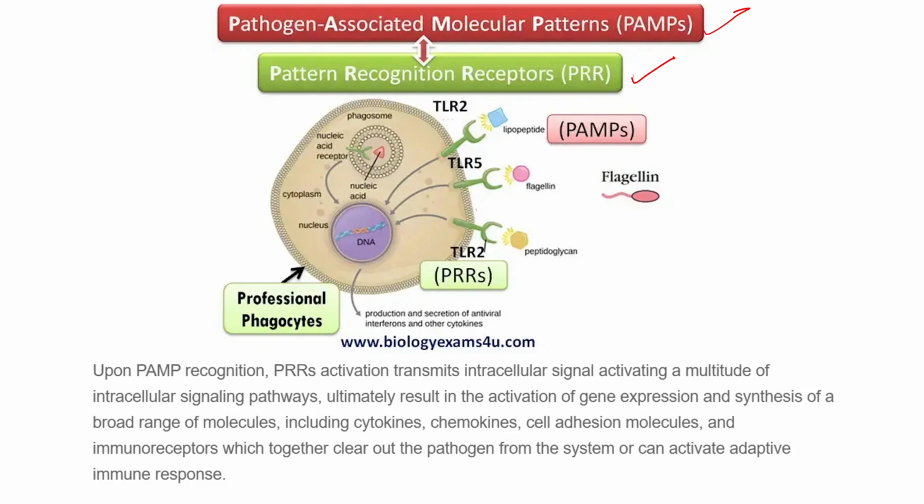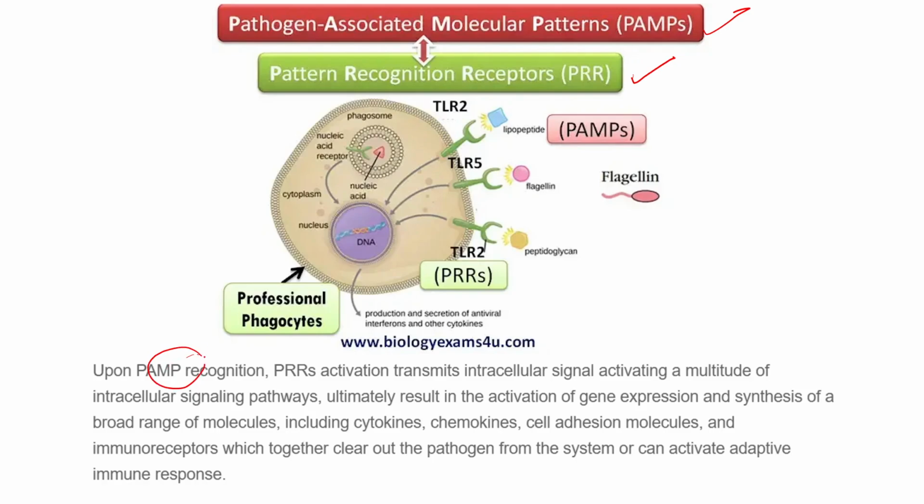What is written here: upon PAMP recognition, PRR activation transmits intracellular signals, activating a multitude of intracellular signaling pathways, ultimately resulting in the activation of gene expression and synthesis of a broad range of molecules, including cytokines, chemokines, cell adhesion molecules, and immunoreceptors, which together clear the pathogen from the system or can activate adaptive immune response.